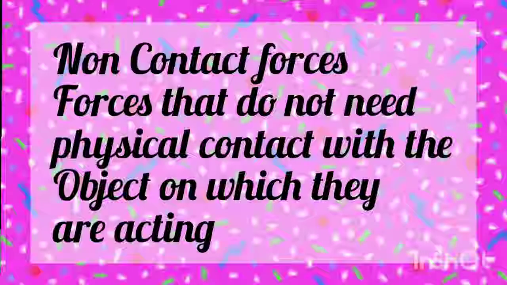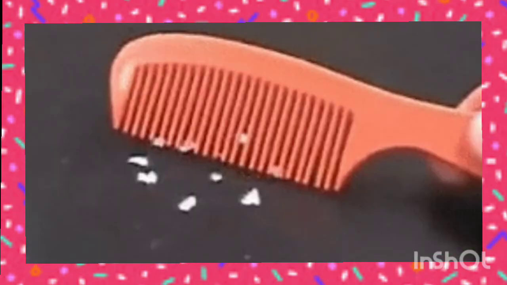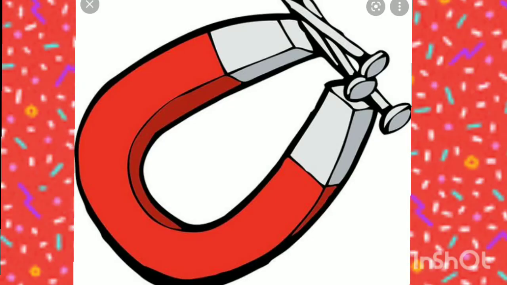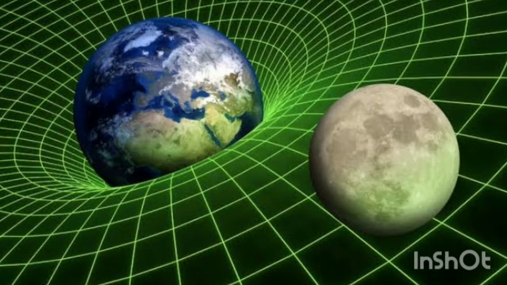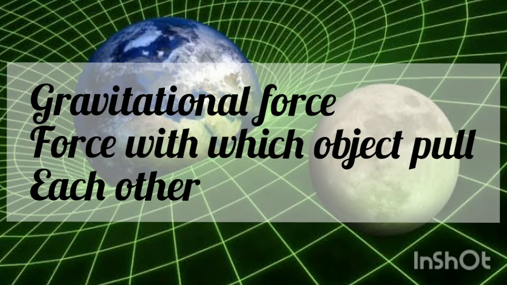The examples are gravitational force, electrostatic force, magnetic force, etc. Now, we have to see them one by one. First of all, gravitational force. What is meant by gravitational force? The force with which objects pull each other is called gravitational force.